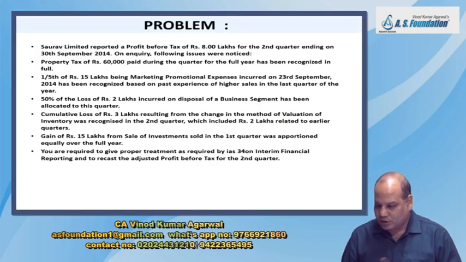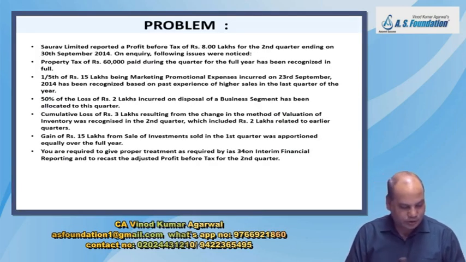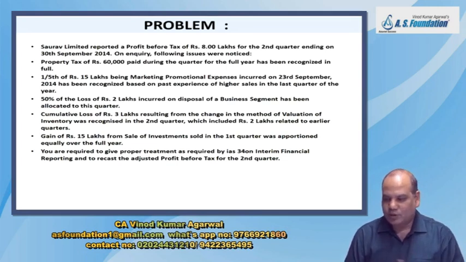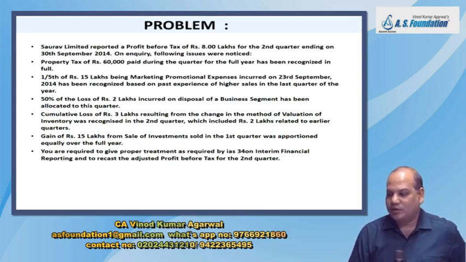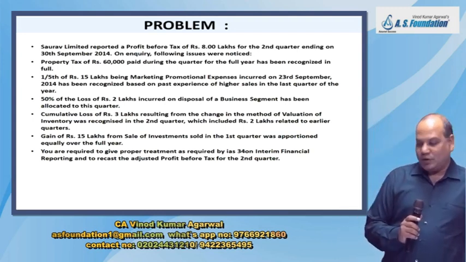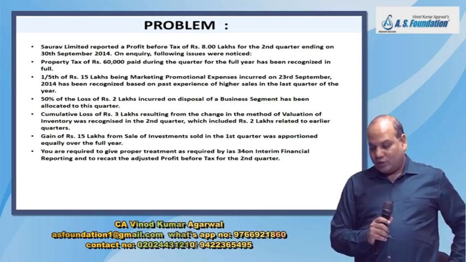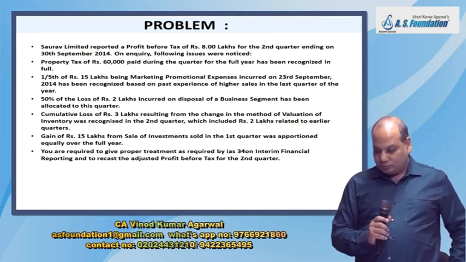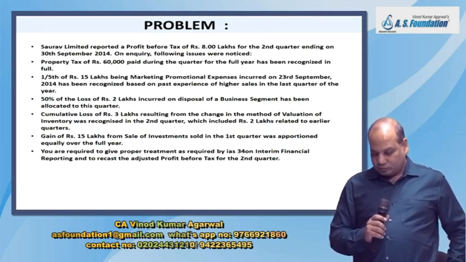This answer is printed. Okay, one more try where you have lot of adjustments. Question number 17. Saurav Limited reported a PBT of rupees 8 lakh for the second quarter ending on 30th September 2014. On inquiry, following issues were noticed.